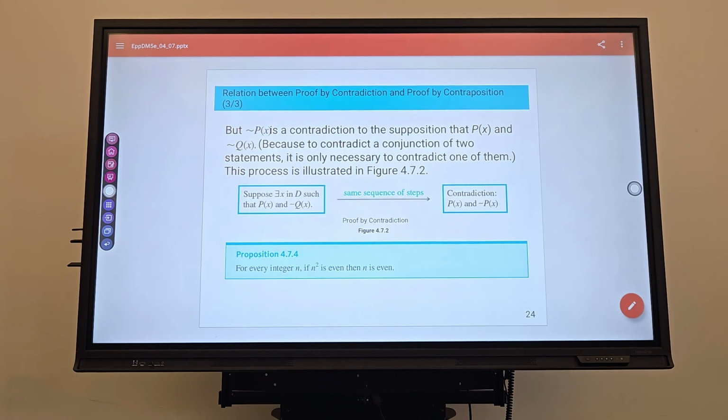But not P of x is a contradiction to the supposition that P of x is true and not Q of x is true, because to contradict a conjunction of two statements, it is only necessary to contradict one of them. So, you can do this for every integer n: if n squared is even, then n is even.